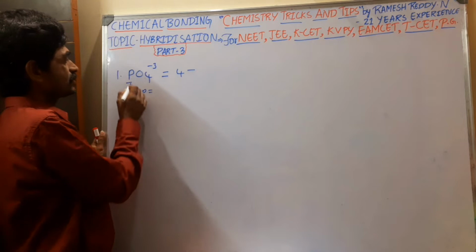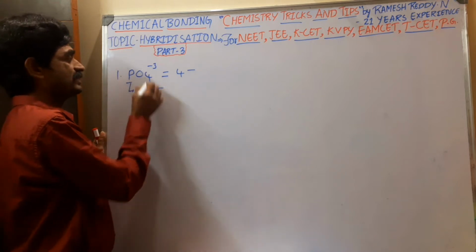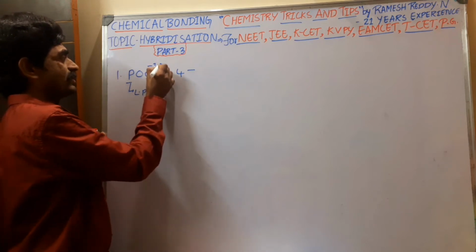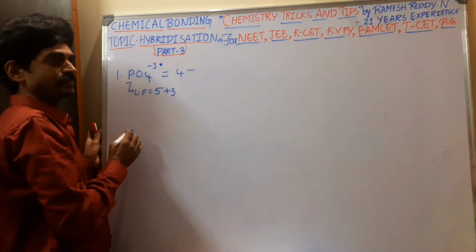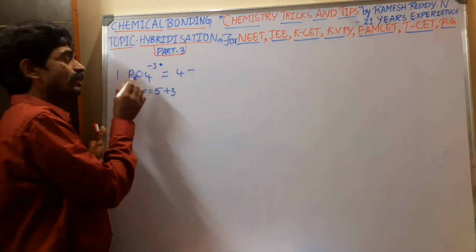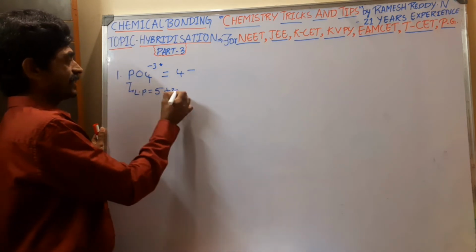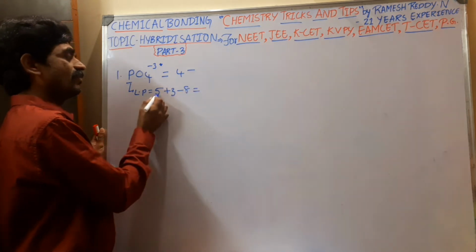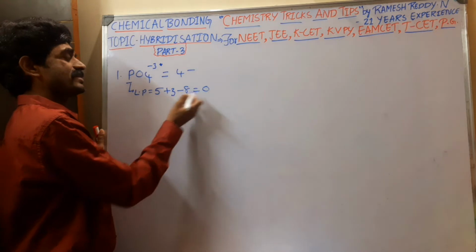The number of valence electrons of phosphorus is 5, and it gains 3 electrons, so we have to add that, that is plus 3. Next, for each oxygen you have to consider 2 electrons. So 4 into 2, that is minus 8. Then what do we get? 5 plus 3 minus 8 is 0.